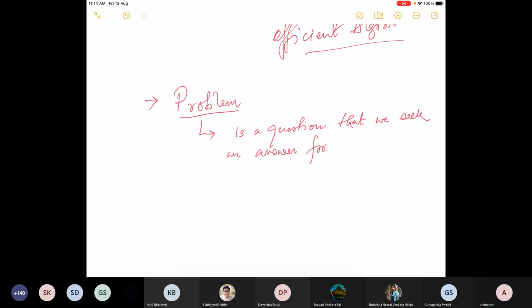Now, typical examples of problems you have already come across in your programming and data structure course.